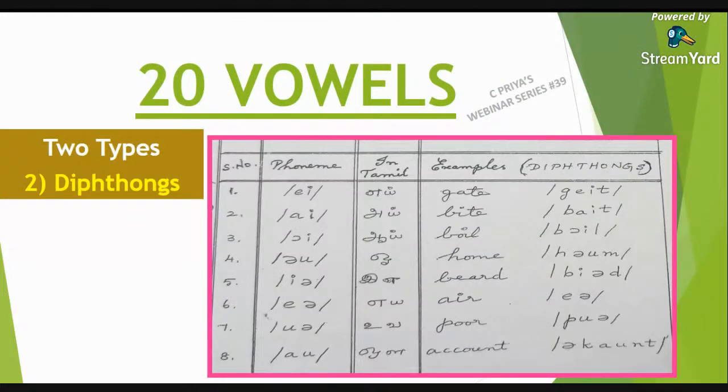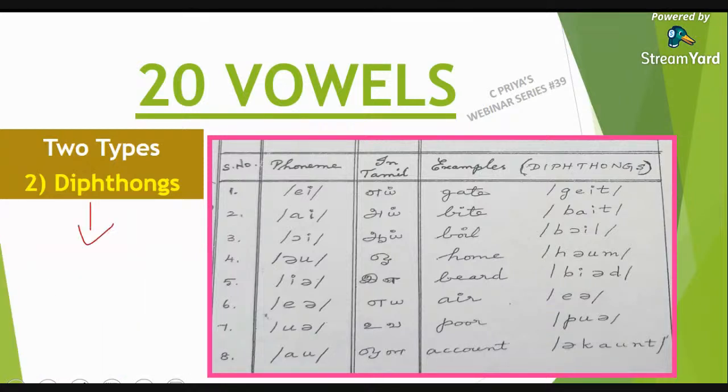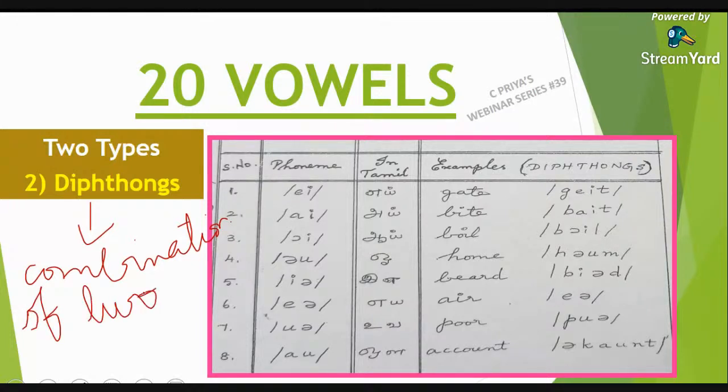Now we go to the second type of vowels. It is called diphthongs. As I told, diphthong means a combination of two vowel sounds. Combination of two vowel sounds.